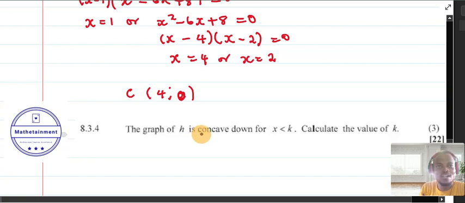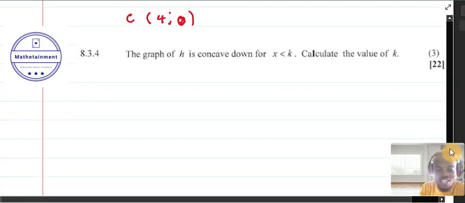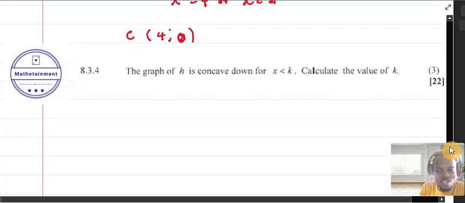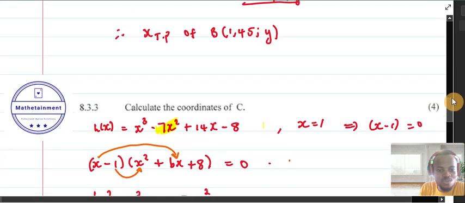Something that should come to mind is a point of inflection. How do you get a point of inflection? You get a point of inflection by finding the second derivative, or you differentiate the given cubic function two times. So here we did differentiate it the first time, and then we got what?